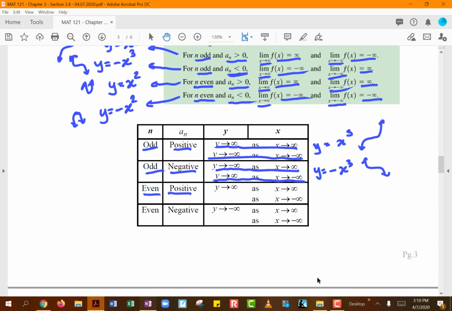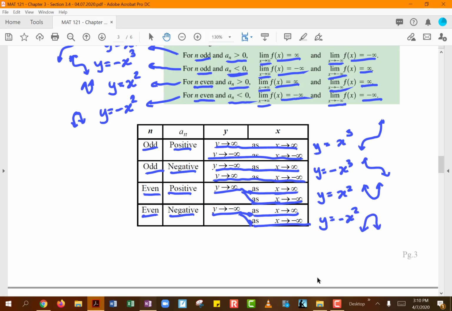Even and positive, as x goes to positive or negative infinity for both of these, y goes to positive infinity. So this is, of course, your y equals x squared function, where both your arms will go up no matter what. Okay? And then the last one is if it's an even function with a negative sign, as x goes to positive and negative infinity, your y actually goes down to negative infinity, because it would look something like this.